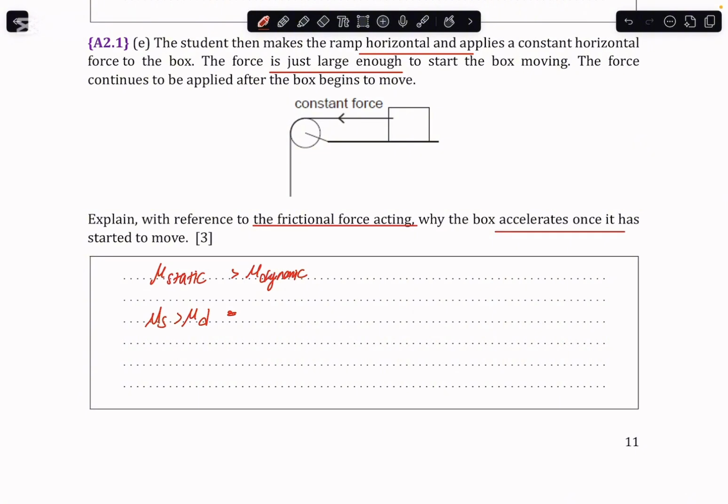As I've said, this will cause an unbalanced forward force in motion. So let's write all of this down.